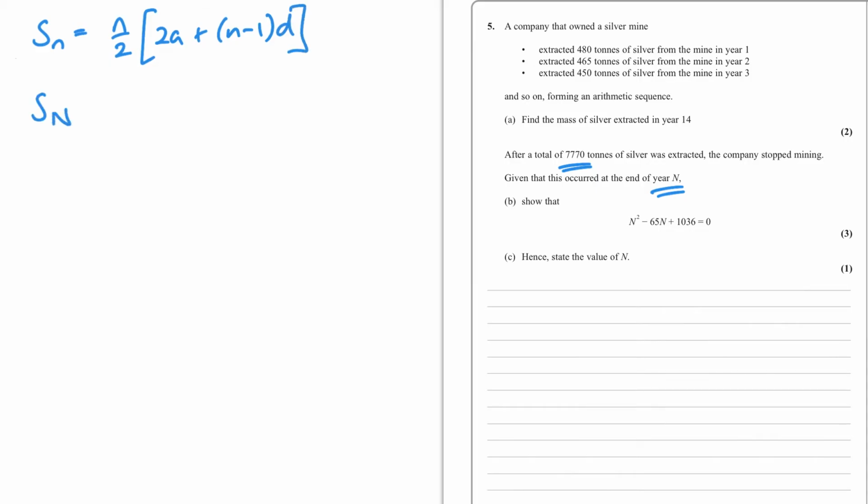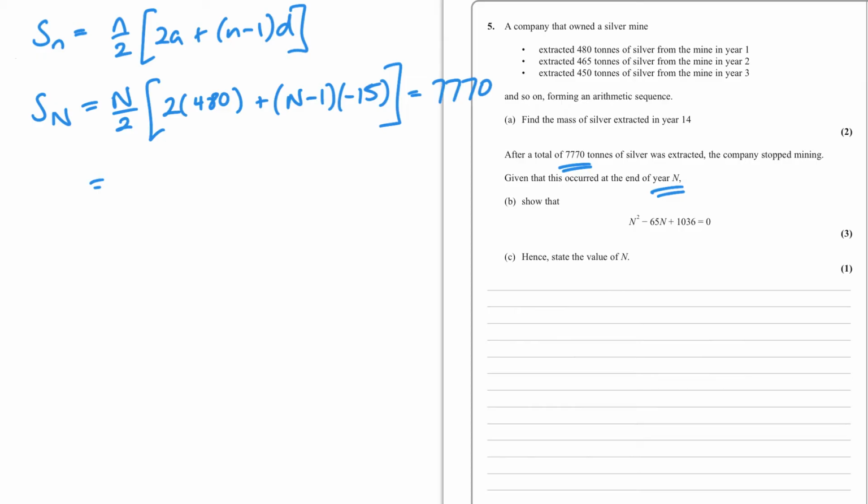So we want S of capital N, which is capital N over 2 times 2 lots of 480, plus n minus 1, and the difference was negative 15. And that is going to be equal to 7770 tons. So I'm going to multiply by 2, and then sort out what's on the inside.